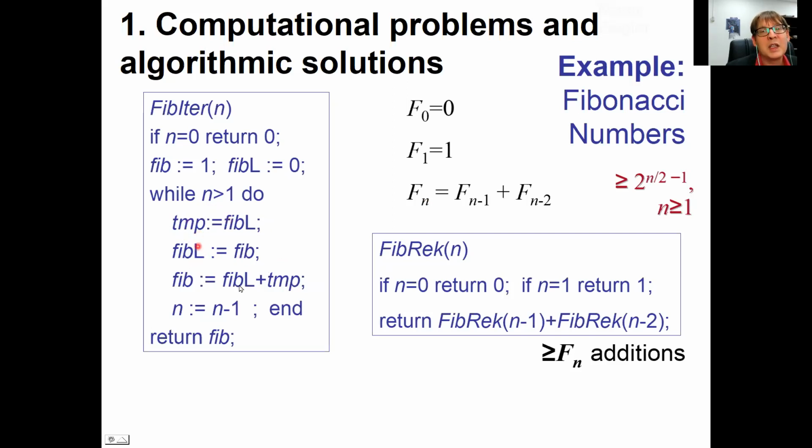And in each loop iteration, we do the following. We calculate the new Fibonacci number using the current and the previous one. And in order to store the current and the previous one before having it overwritten with the new one, we store the previous one here in this temporary variable. We store the current one to be the new previous one, and then we add both.